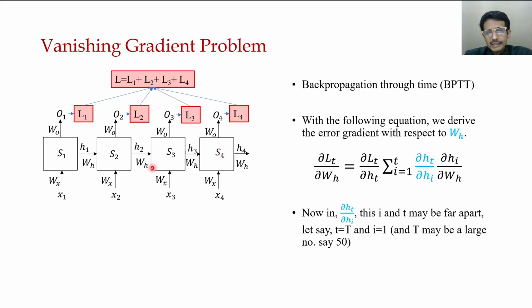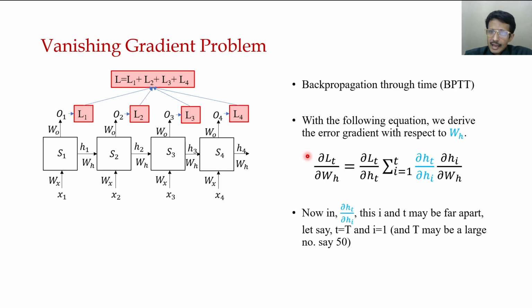And since these h's are connected with each other, because this depends on this, depends on this, and so on, we have come up with del L_t over del W_h equals the sum over i equals 1 to t of del L_t over del h_t, del h_t over del h_i, and del h_i over del W_h. So that is our formulation.